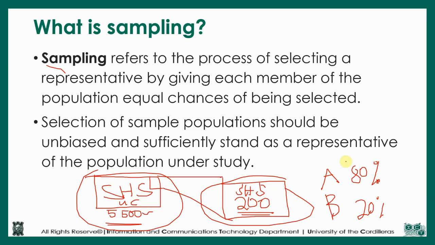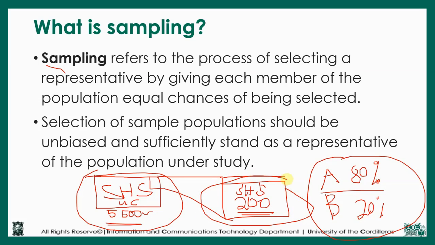In your study, you can then conclude that this response will be similar to what you would get if you were to interview all 5,000 students of the senior high school. That is the idea there. You are trying to make use of a smaller population, gather data from them so that you can end up generalizing the result to a larger population.